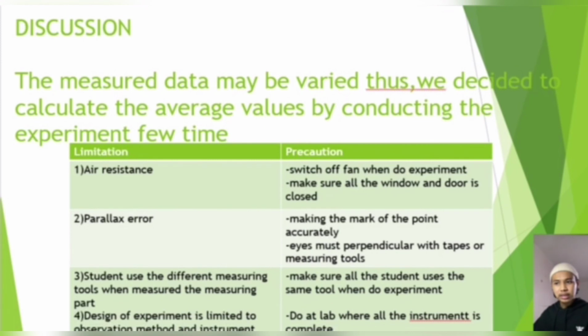It is a limitation of method, and we have the limitation of our instrument. And our precaution is, because our group in this pandemic had to do it at home, to do it at the lab where all the instruments are complete.